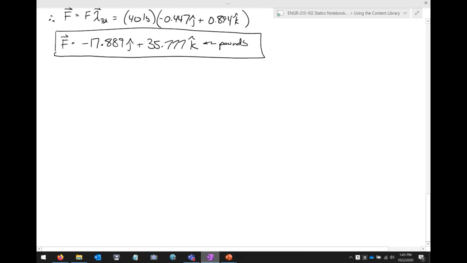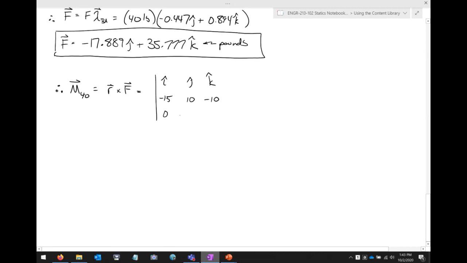All right. So therefore, your moment vector for that is going to be R cross F, which is going to be i, j, k, and then the R vector was minus 15, 10, minus 10.